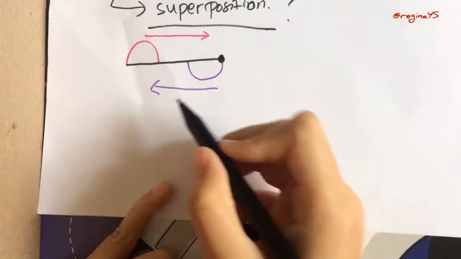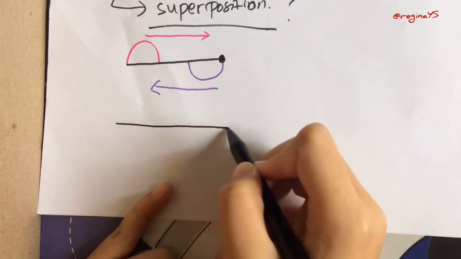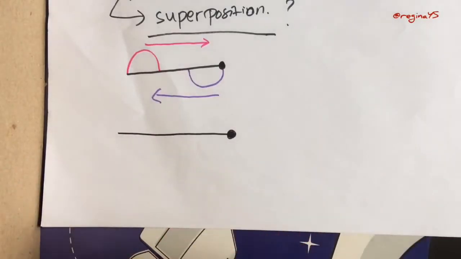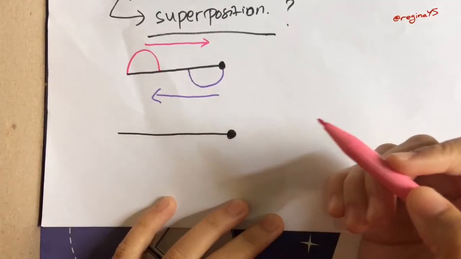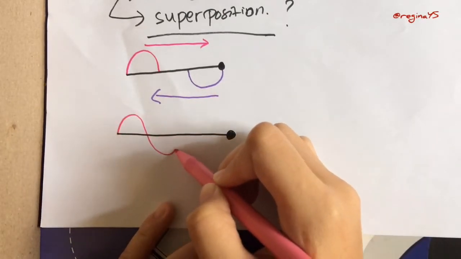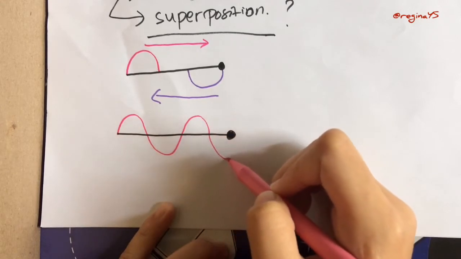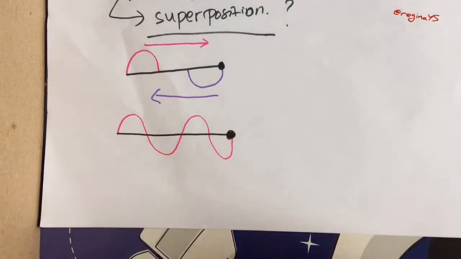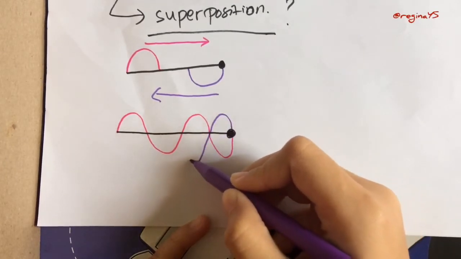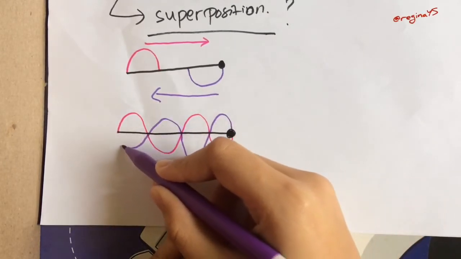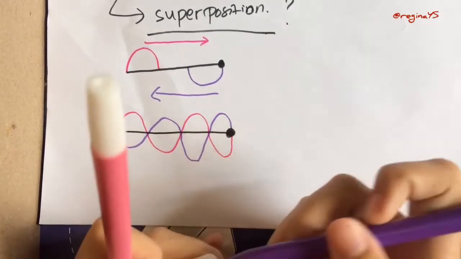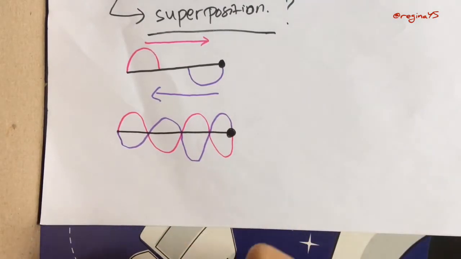Okay, but let's say that you didn't just give a single pulse into a string, but you gave it lots of disturbance, creating a simple harmonic wave just like this. And once again, when it meets the boundary, it will reflect upside down just like this, and this process will go on and keep bouncing.